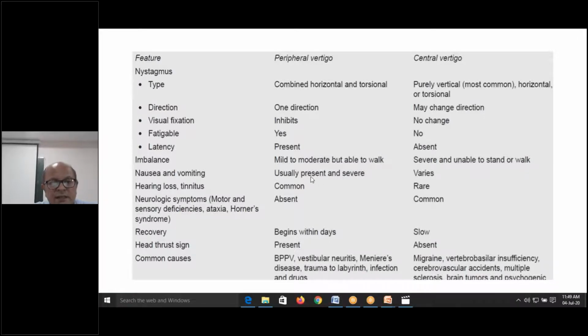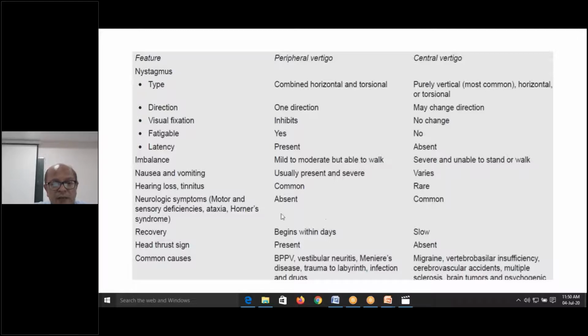Hearing loss and tinnitus are common in peripheral and rare in central vertigo. Neurologic disorders, that is motor and sensory deficits, ataxia, Horner syndrome, are totally absent in peripheral but present in central disorders, because there may be a syndrome complex of some central disease.